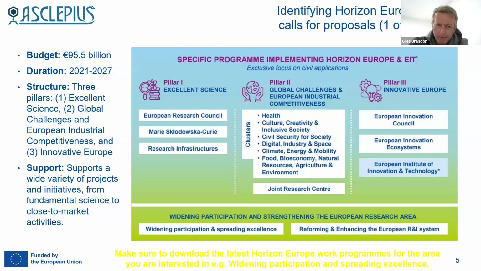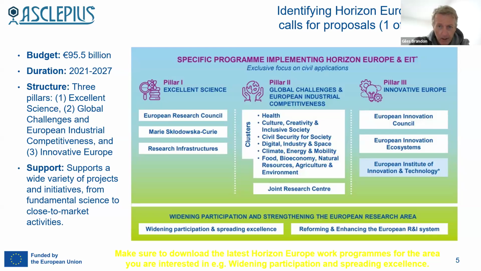So this figure you will have seen already in Module 1. This is a high-level view of the Horizon Europe program. It's structured into these pillars, Pillar 1, Pillar 2, Pillar 3. And then at the bottom, you have this running horizontally, this sub-program widening, which is especially interesting for a country like Georgia. And indeed, the ASCLEPIUS project is funded through the widening part.